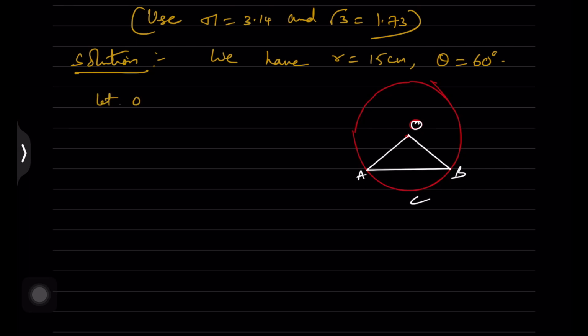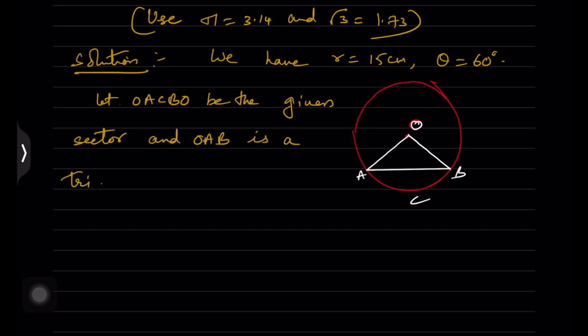Let OACBO be the given sector and OAB is a triangle.